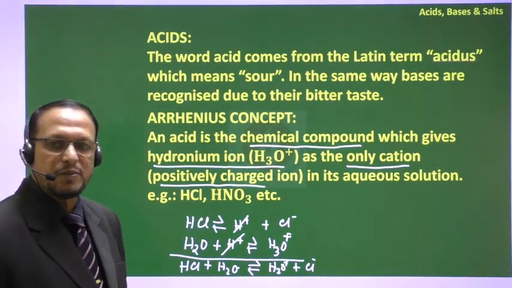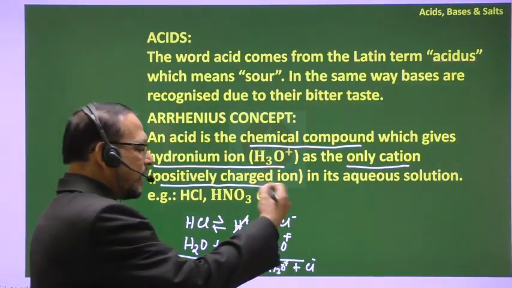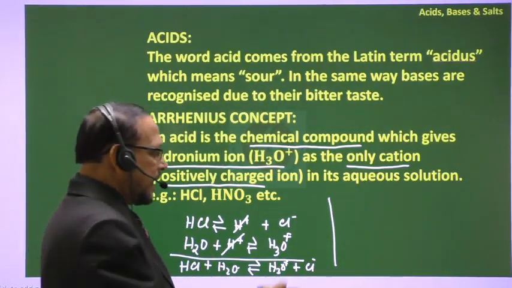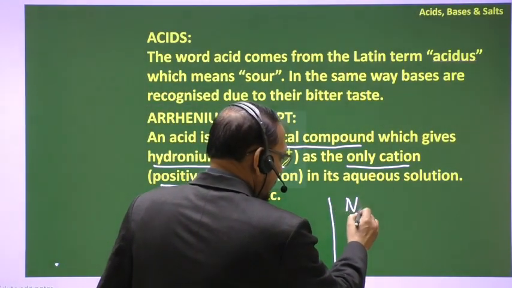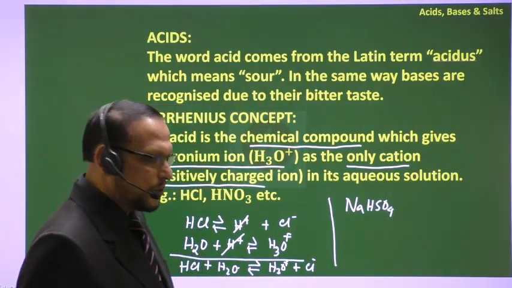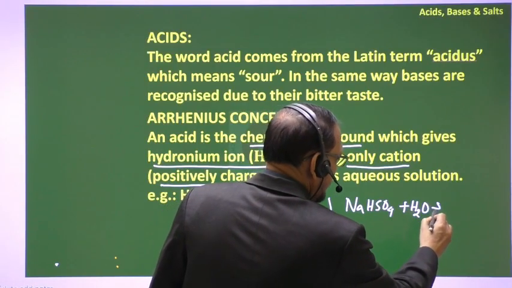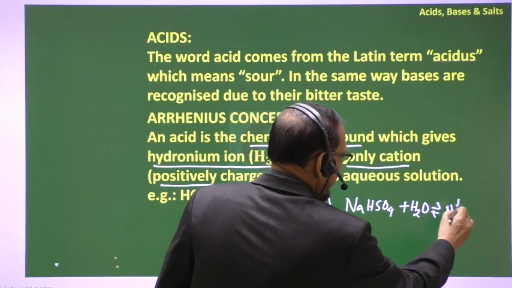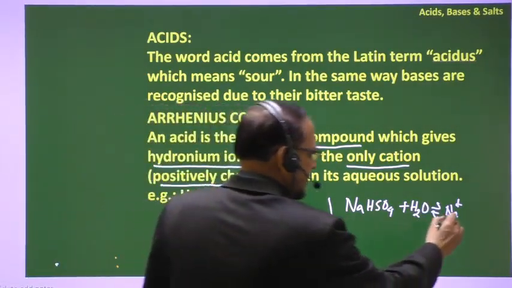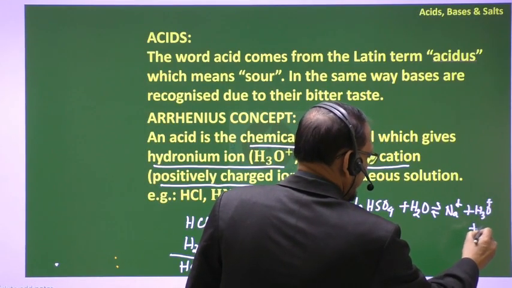So that is the definition. Similarly, HNO3 and H2SO4 will also give the hydronium ion. But why the only cation? I am giving an example. If we dissolve sodium bisulfate, NaHSO4, in water, it will give Na plus, and H2O and H plus will combine to give H3O plus, and SO4 double minus.